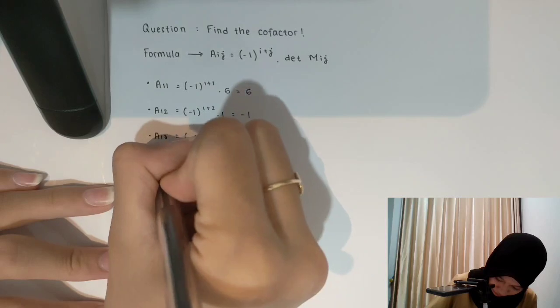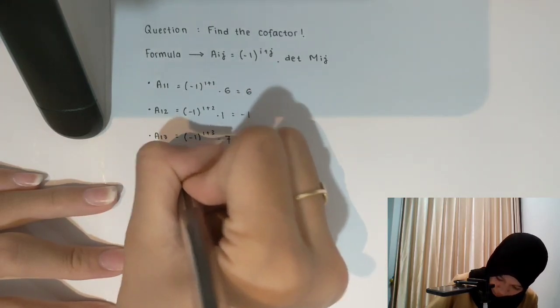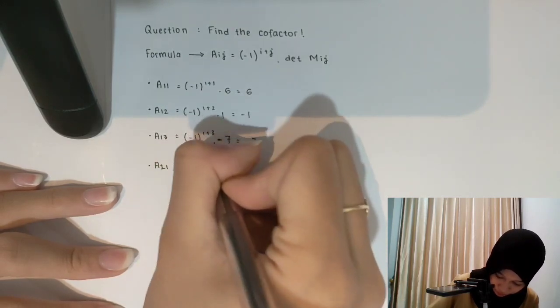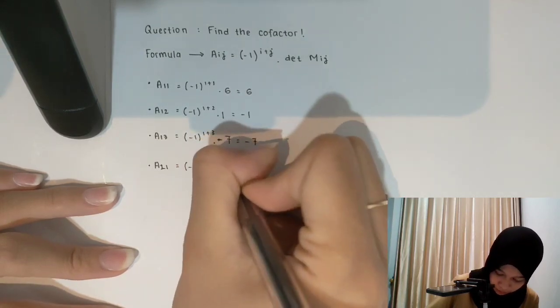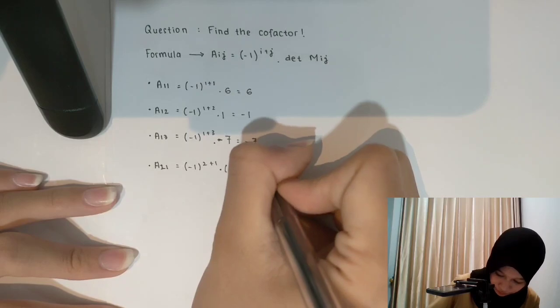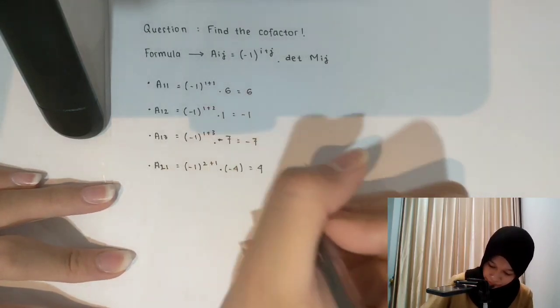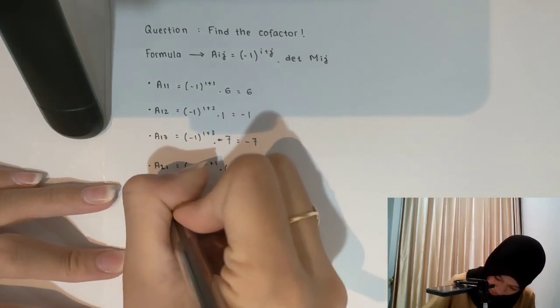Row 2, column 1: minus 1 to the power of 2 plus 1 times minus 4, it will be 4. Oh, I'm sorry. Oh, yes, it's right.